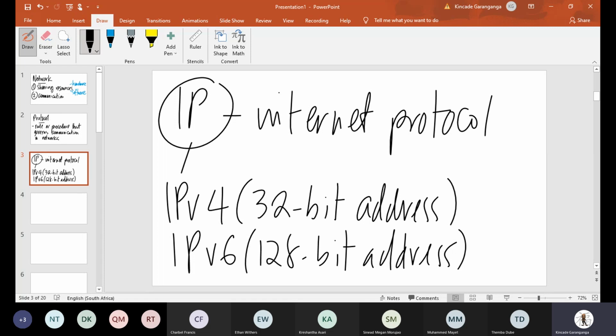So this is just an entity that enables unique identification of a device on a network. If a device does not have an IP address, then it can't communicate with any other component within your environment. So take cognizance of that fact in terms of the protocols that exist.